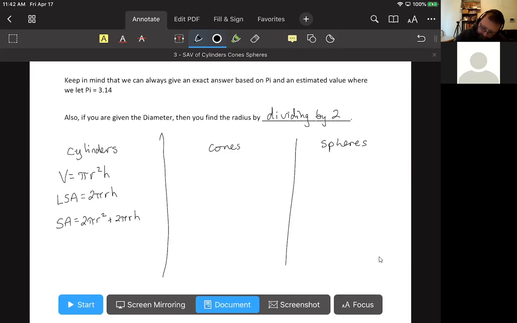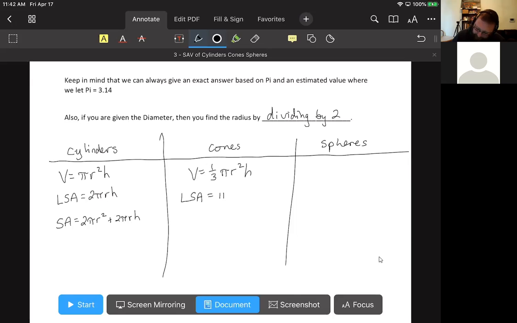For cones, the volume of any cone is 1/3 pi r squared h, where h is the vertical height. The lateral surface area is equal to pi times the radius times the slant height, or pi r L. And the surface area is equal to pi r squared plus pi r L.